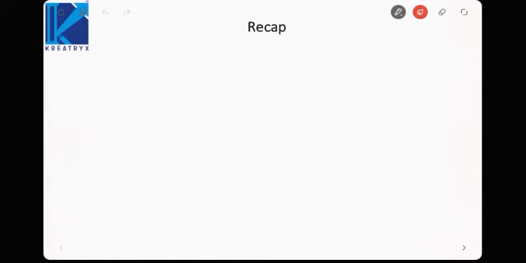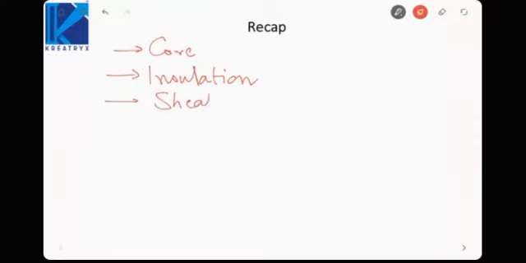Hi guys, in the last lecture we saw the structure of a UG cable in which we saw different layers. The first layer was the core, which was used to carry the current from the sending end to the receiving end. Then we covered it with an insulating layer so that there is no leakage current to the ground. Then we protected the insulation by means of a sheath, or a metallic sheath.